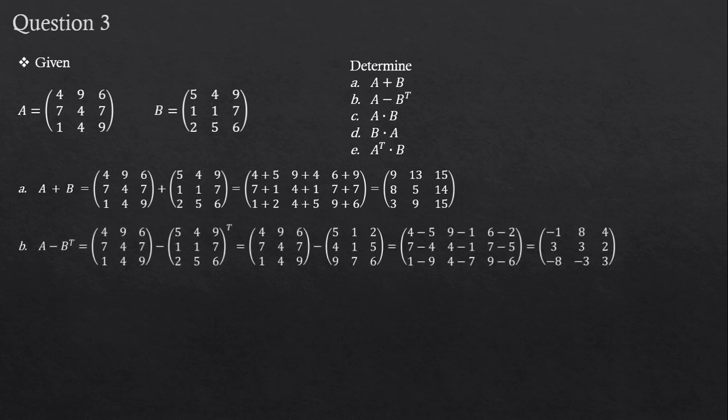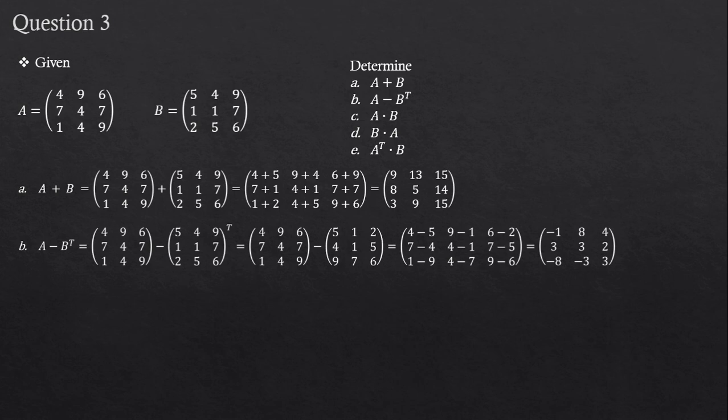For part B, we need to transpose B first. We focus on the transpose because we already know how to subtract. For transpose, we need to exchange the rows and the columns. For example, the first row, 4, 5, 9, will be exchanged into the first column as shown here.